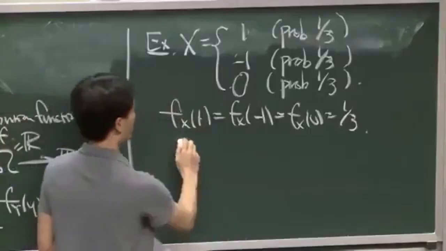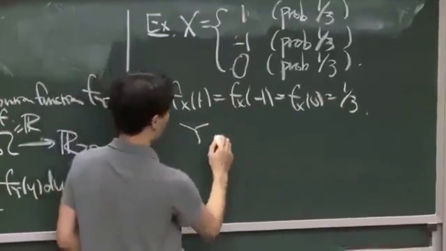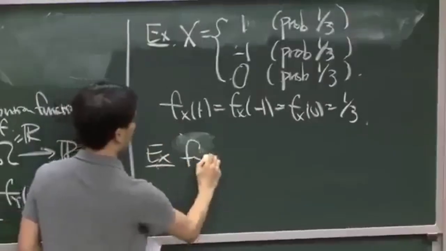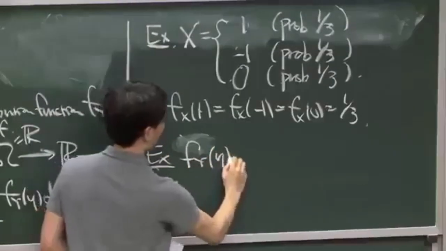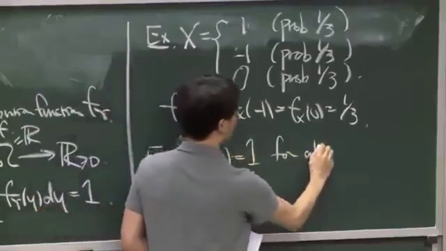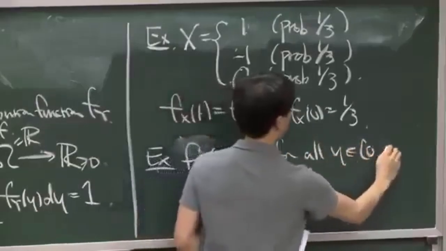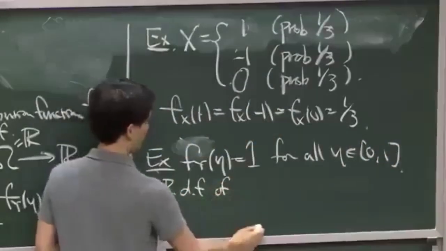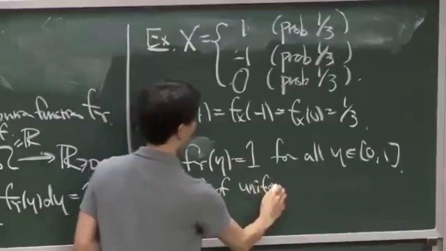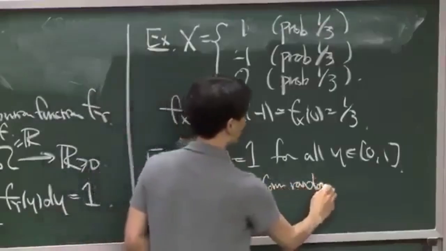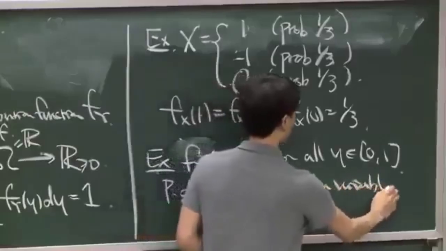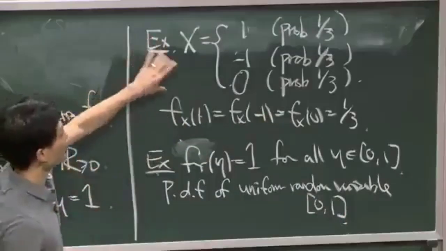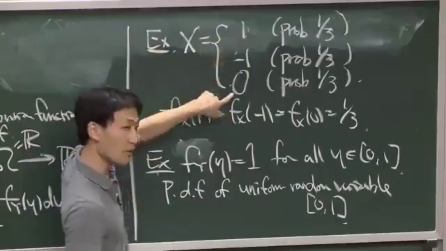An example of a continuous random variable is if, for example, f sub y is equal to 1 for all y in [0, 1], then this is the PDF of a uniform random variable where the space is [0, 1]. So the first random variable just picks one out of the three numbers with equal probability.